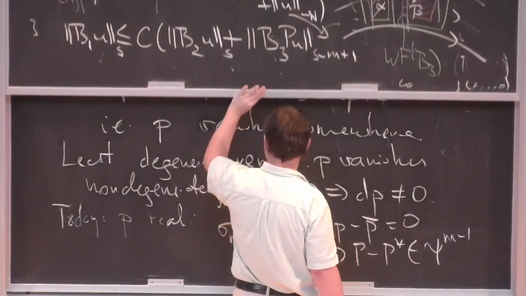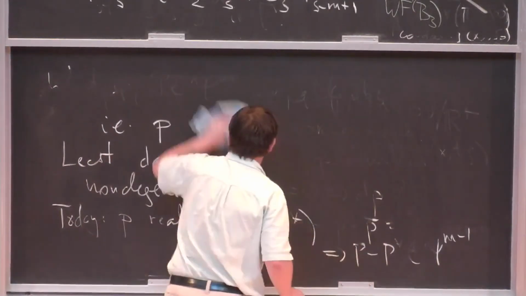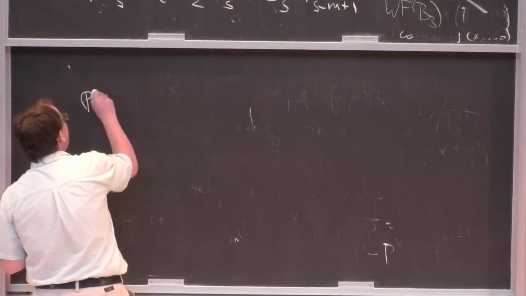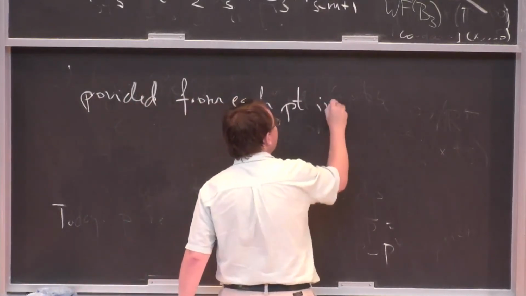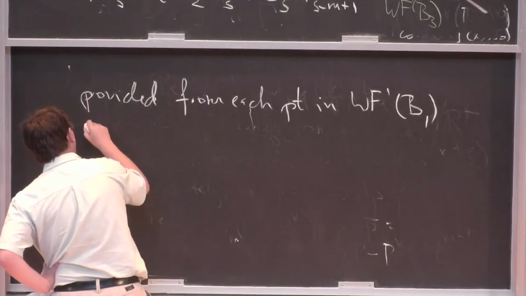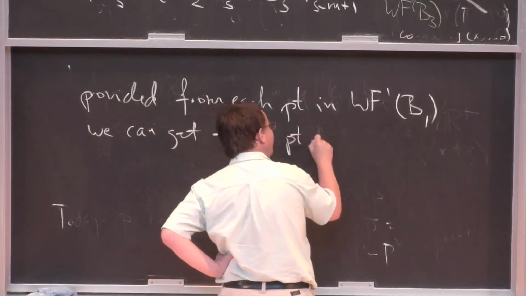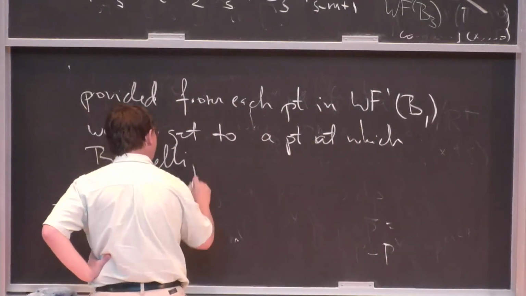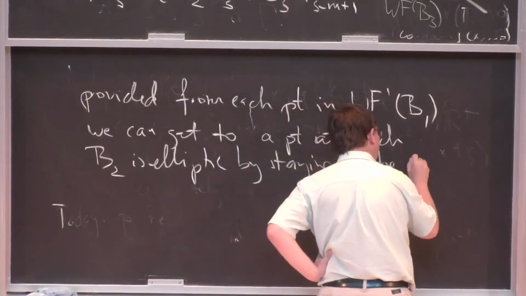So this is provided that from each point in the wavefront set of B1, we can get to a point at which B2 is elliptic by staying in the elliptic set, where B3 is elliptic.